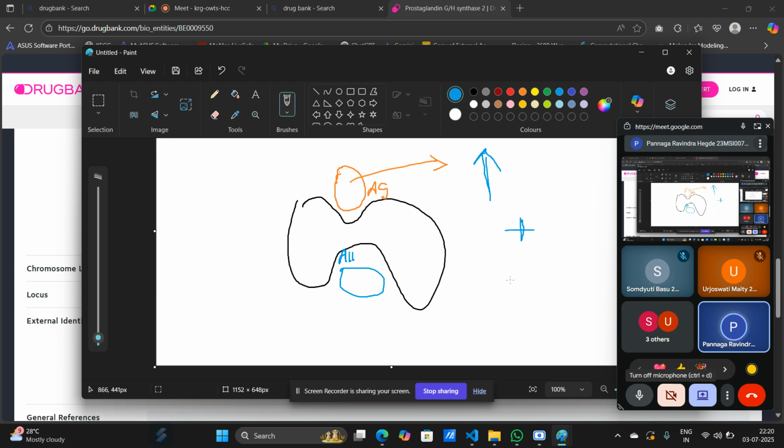In case of negative allosteric modulation, if a compound comes and binds to the allosteric site, the production is going to decrease. Are you guys able to understand what's happening? This is called an allosteric modulator, and there are two types: one is positive and one is negative.